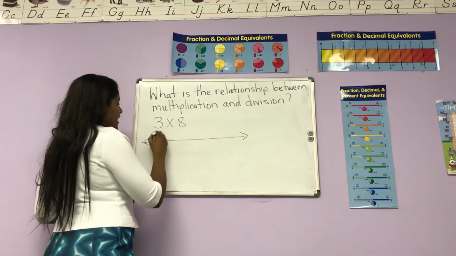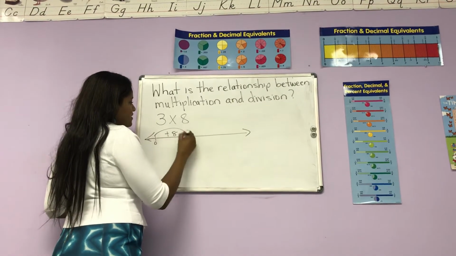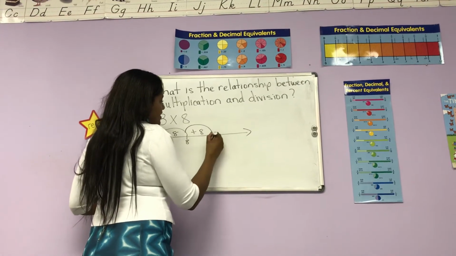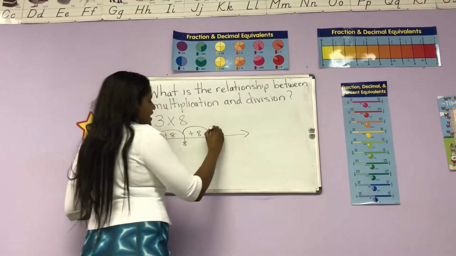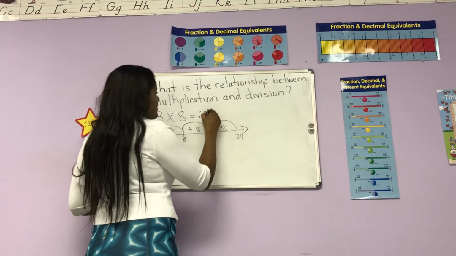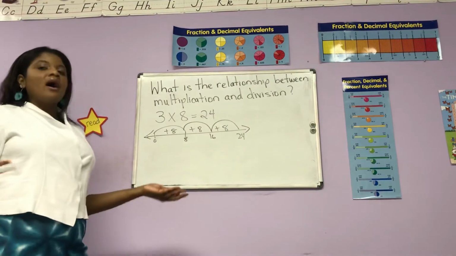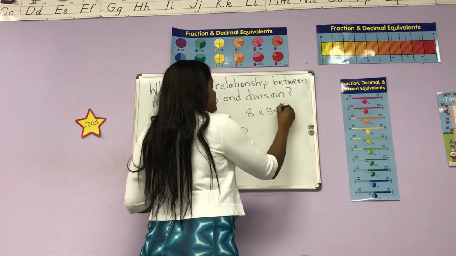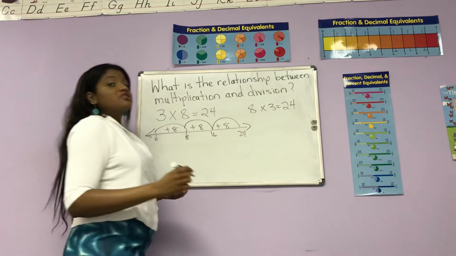So I have 8, and then I add another 8, and that gives me 16, and I add another 8, that gives me 24. Now I know that 8 times 3 is also 24 because of the commutative property.